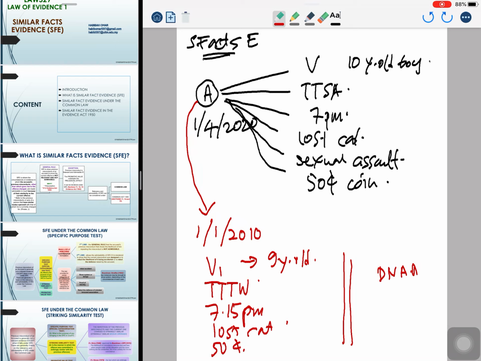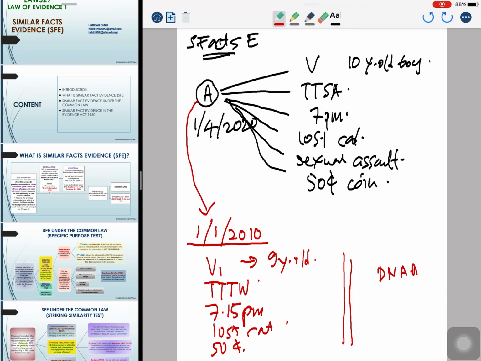So the issue here is, when the prosecutor is charging the accused person for the assault of V in 2020, can the prosecutor bring evidence of the similar incident that happened in 2010?